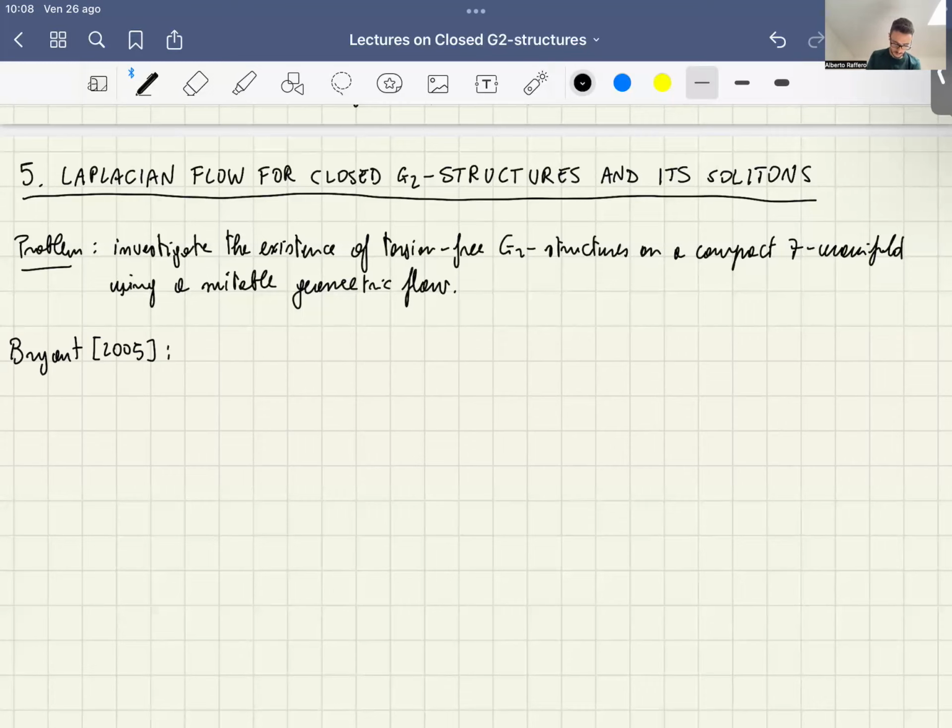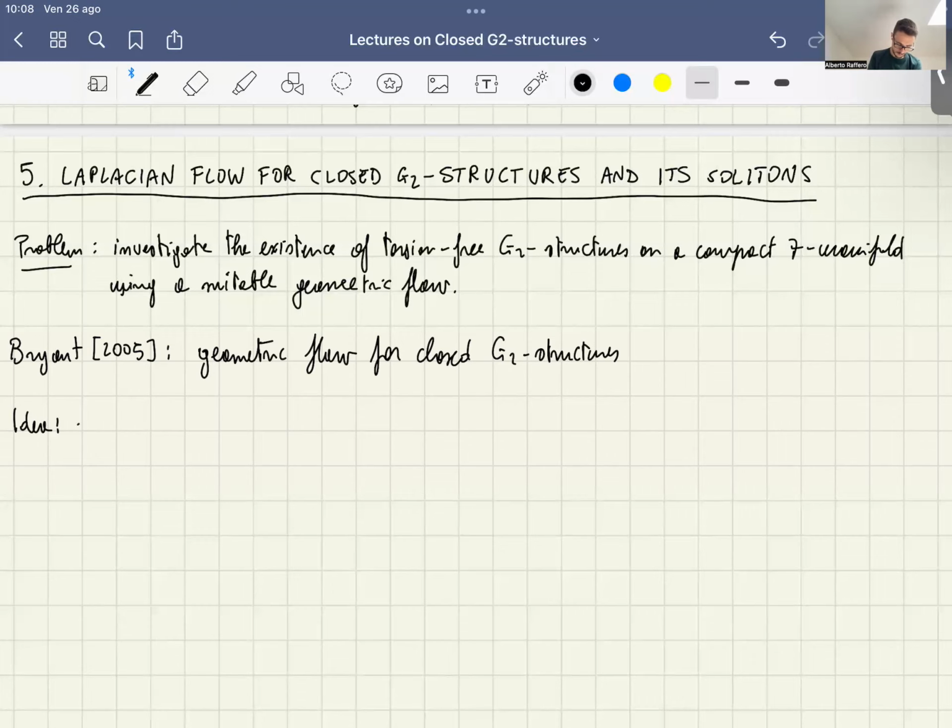So he introduced a geometric flow for closed G2 structures. And the idea is the following.